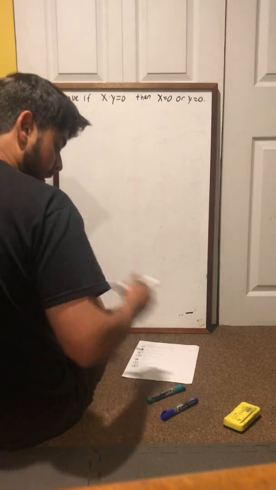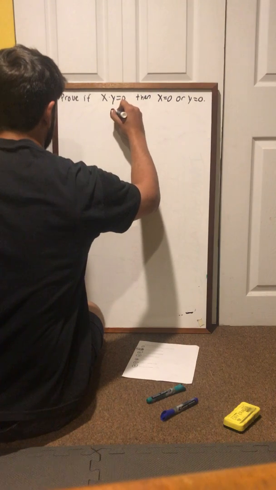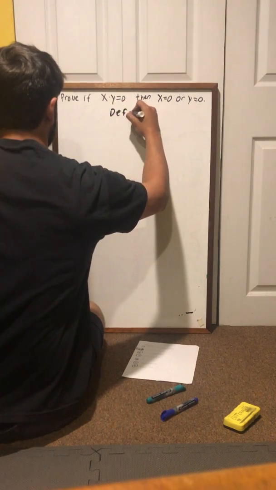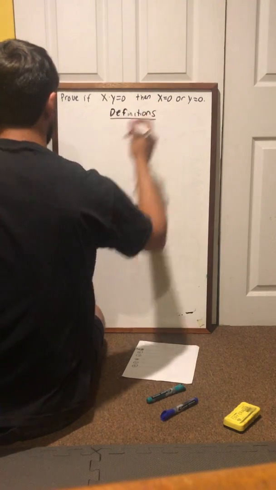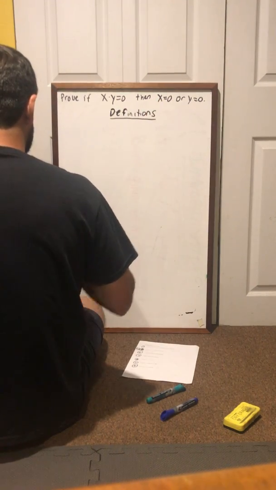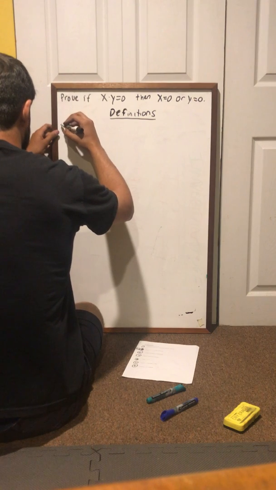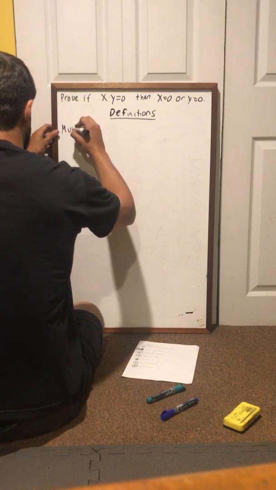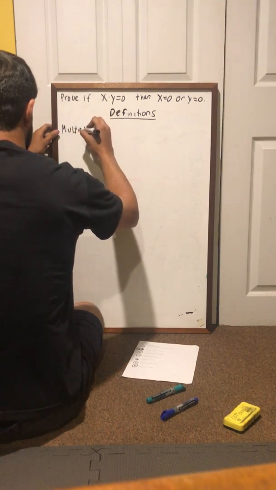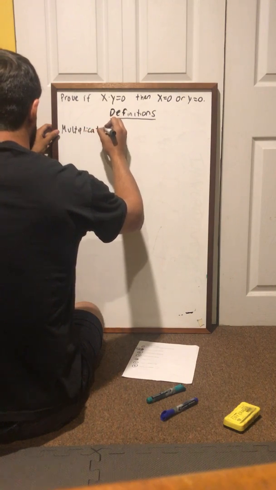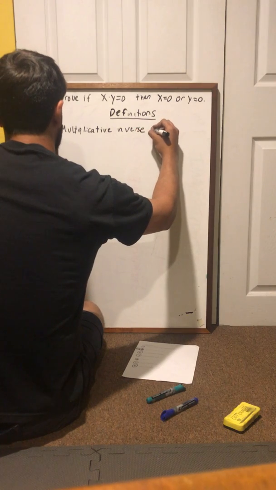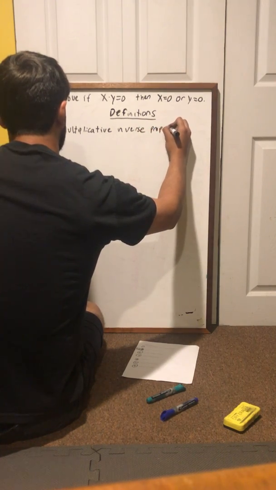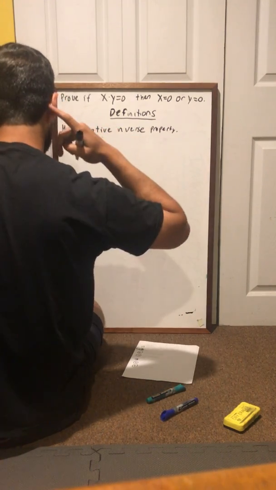So we'll go through again the definitions first. All right. The first one we want to cover is the multiplicative inverse property. Inverse property. Okay?